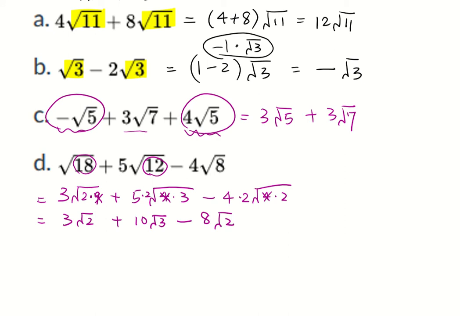The like radicals are 3 square root of 2 and negative 8 square root of 2. Combining them, we will have negative 5 square root of 2. And one term is left, positive 10 square root of 3. And that is the simplified version of that expression.